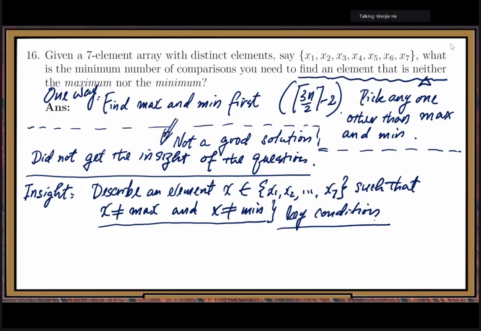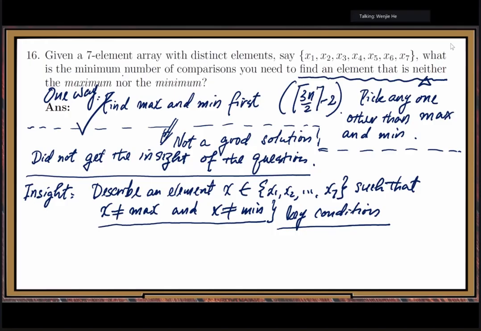The first way did it poorly because it calculates max and min directly, then eliminates max and min, then selects anyone in the remaining elements.